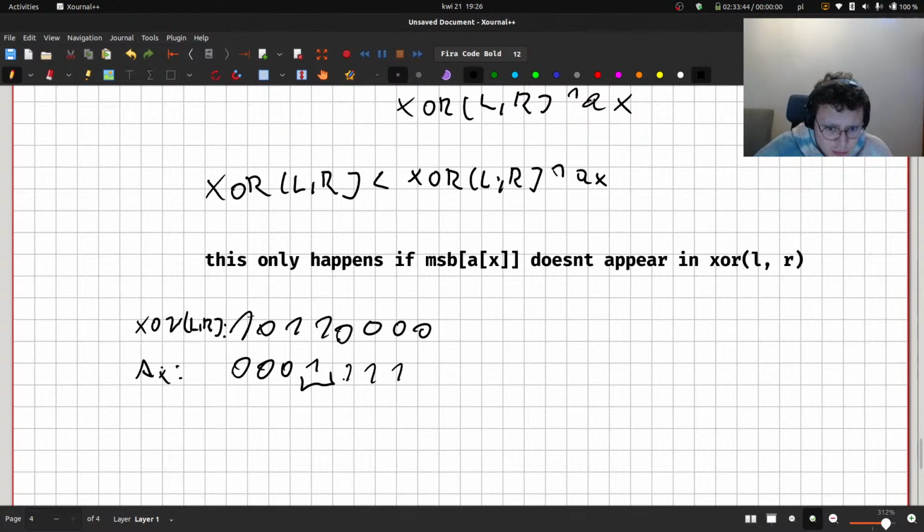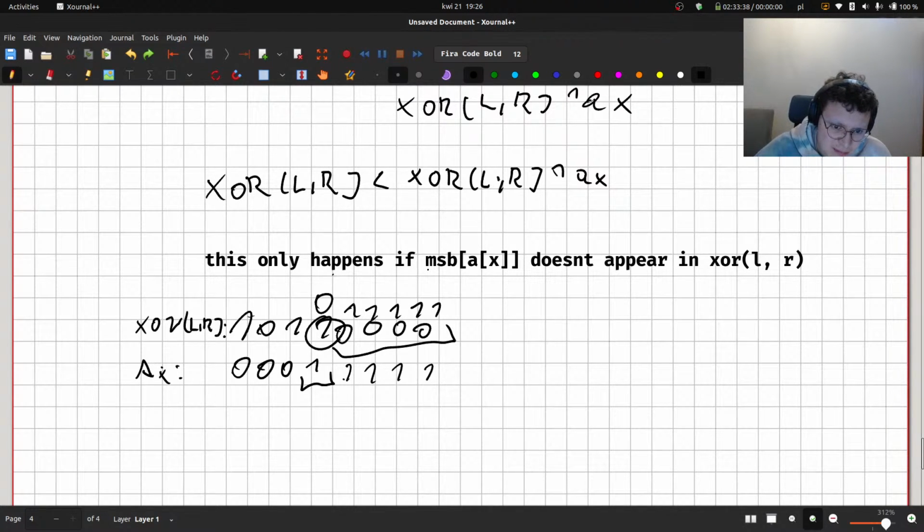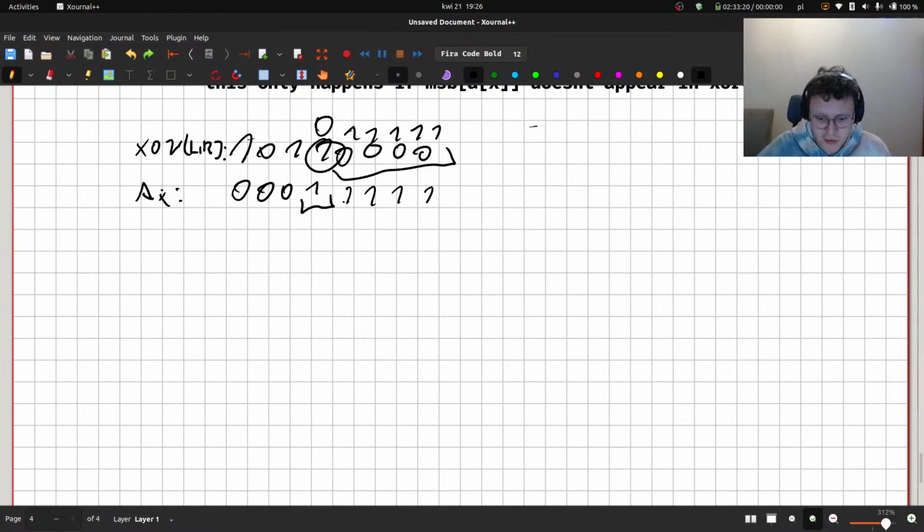What would happen is this bit would be zeroed and all of those bits would be set to 1, but it would still be smaller because this bit is greater than all bits here. So we have proven that this happens if and only if this MSB doesn't appear in the XOR from L to R.